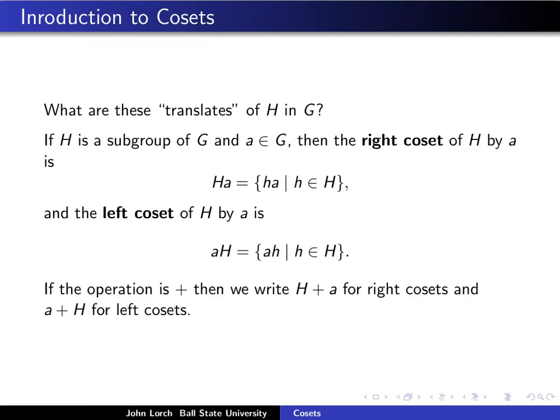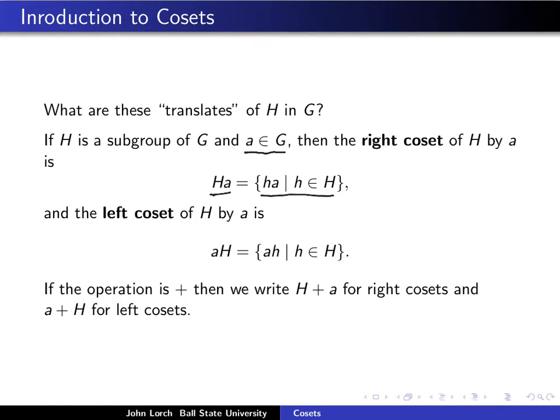So now it's time for us to become a bit more specific about what we mean by these translates of H within G. We let H be a subgroup of G, and we fix an element A in G. We say that the right coset of H by the element A is this set, which we denote HA, and it consists of all of the things in H multiplied on the right by this fixed element A. You can do a similar thing for what are called left cosets.